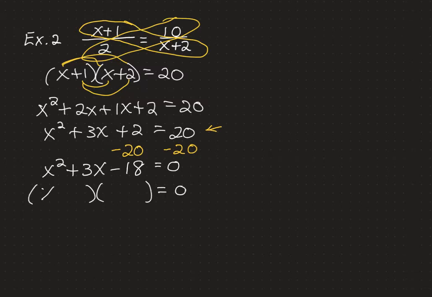All right, x times x will give us x squared. And the factors of negative 18 that add to be a positive 3 are 6 and negative 3. So quick check, yes. Multiplying those two binomials will give us the trinomial we started with. Now, take a look at this.